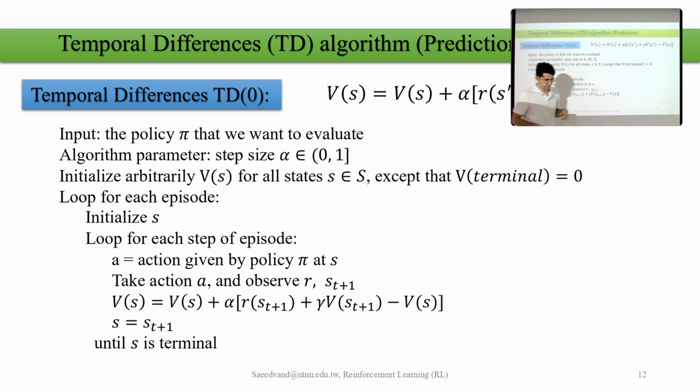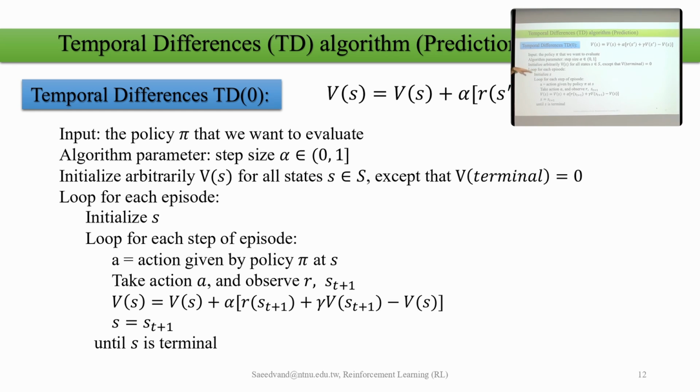When you are going to run the algorithm, if you remember in Q learning, in updating the Q values, we said that it can be 0 or an arbitrary value. For the value function it is the same as in the examples. We can put zeros or an arbitrary value.